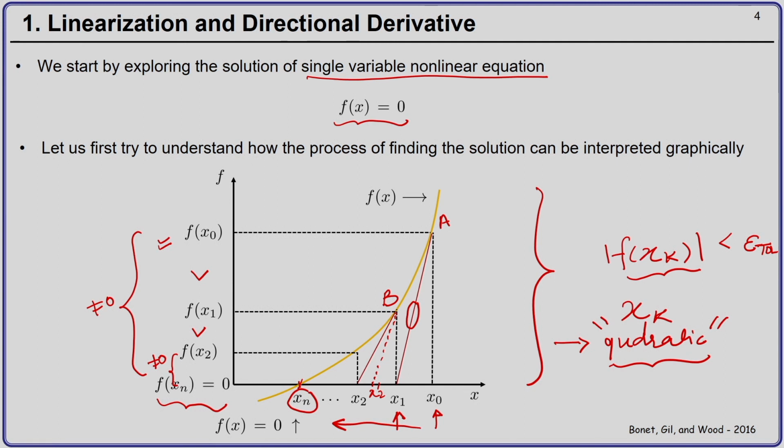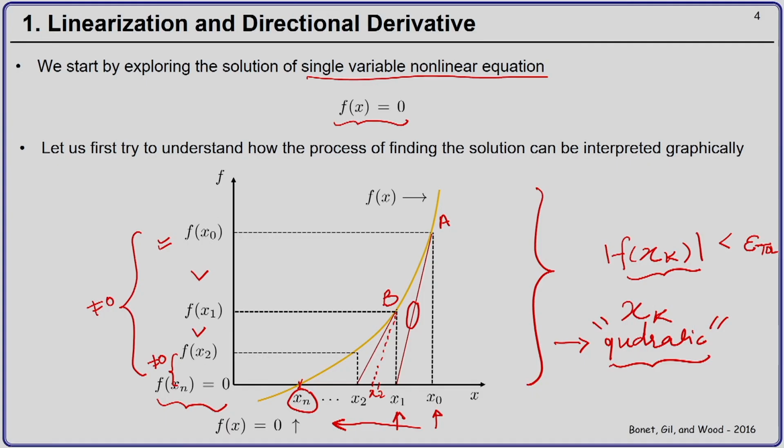You might still be able to get the solution, but the rate at which you approach it will not be quadratic. You will take many more steps to achieve the solution. So, as I mentioned in the previous slide, to get the correct and accurate solution and ensure the quadratic convergence of the Newton-Raphson procedure, it is necessary that you calculate the tangents very accurately, which means the linearization has to be done very accurately.